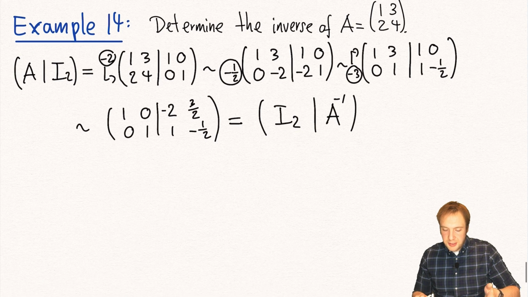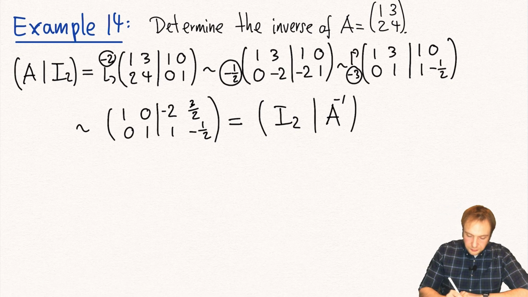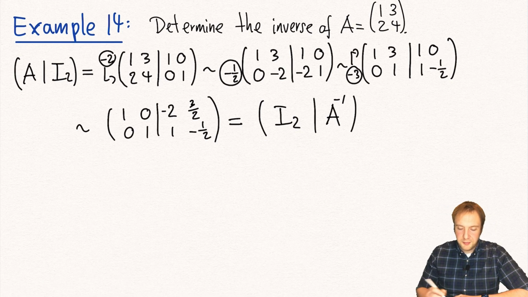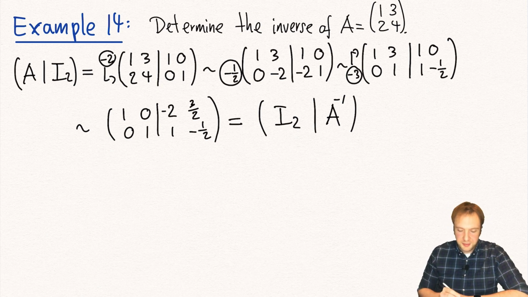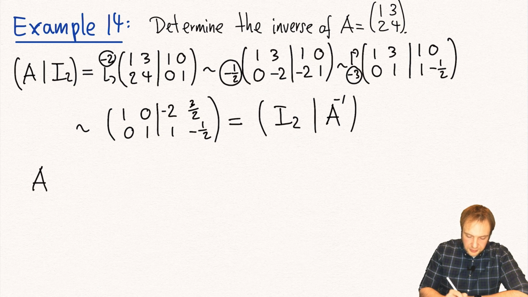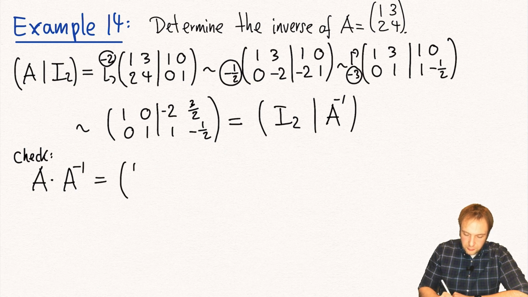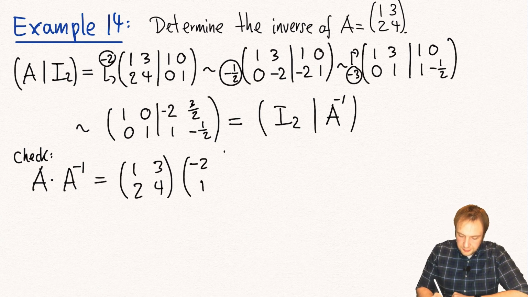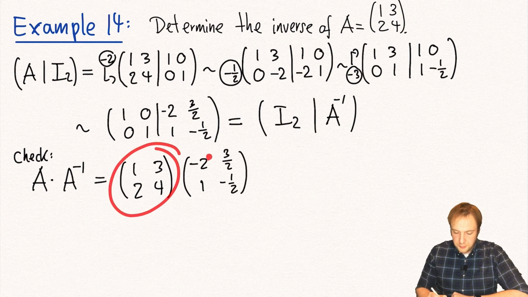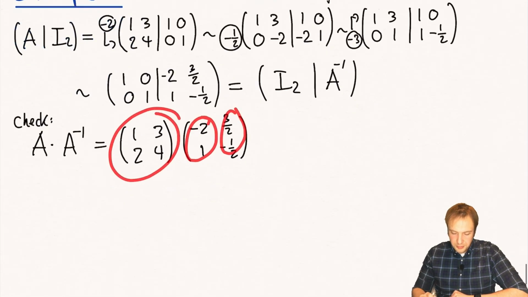And now let's check in this example here also that this satisfies this property that if I multiply the matrix A with the inverse, that I get the identity matrix. So here you can check that if I multiply A with A inverse, so here it's 1, 3, 2, 4. So multiplying matrices we learned last time, so this just meant that I multiply this matrix with each column here.